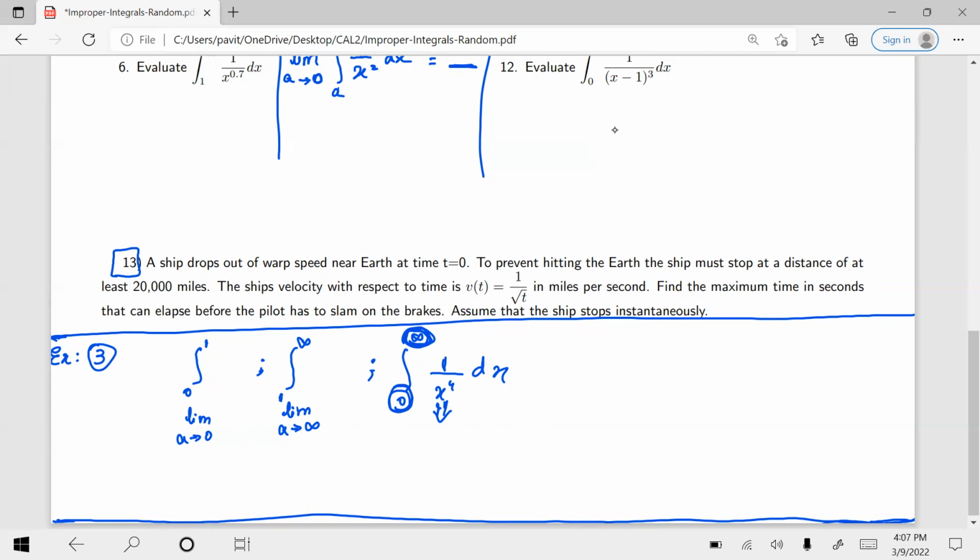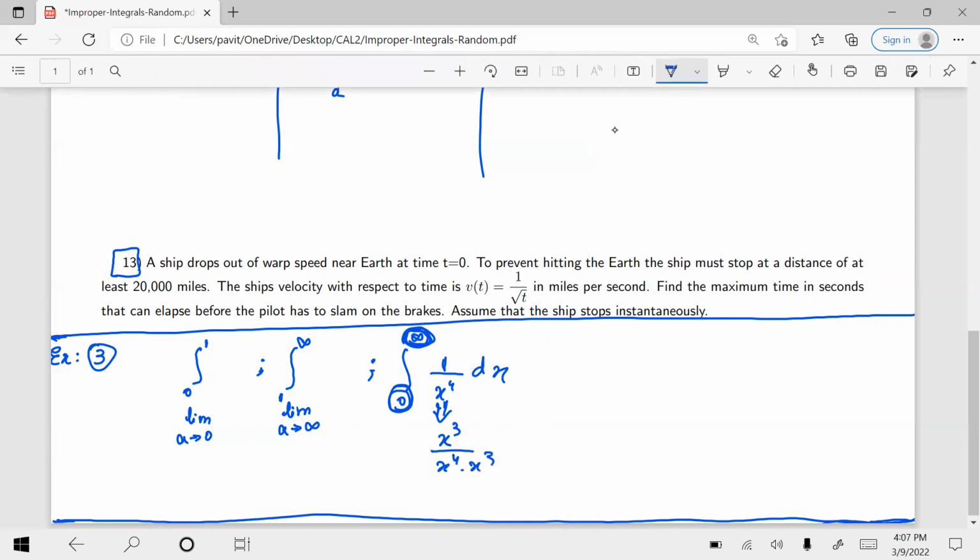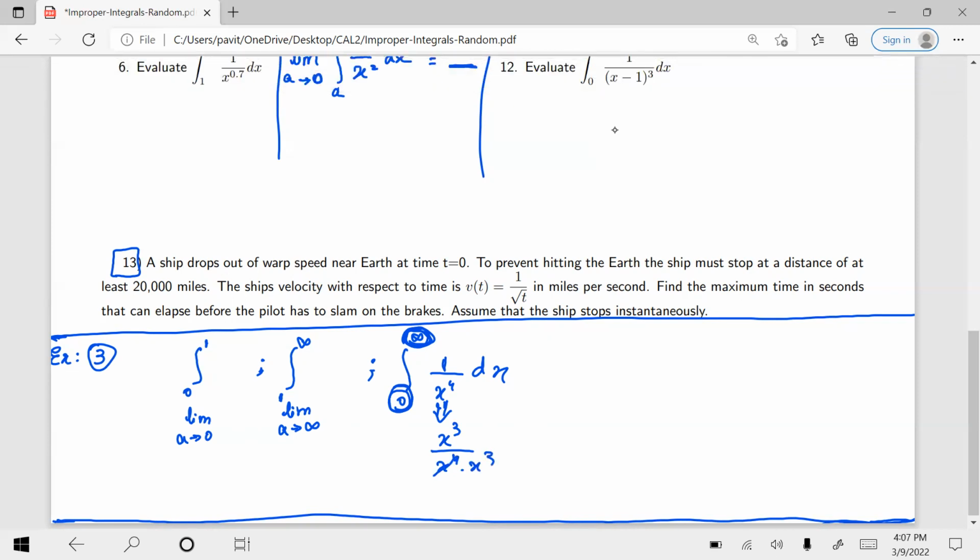For example, you can multiply and divide by x cube. Let's say I multiply by x cube here. Now you can divide this and keep it as x here, and then you can try to decompose the other function. So 1 over x will give me log of x, right? So when I'm plugging in log of 0, that gives me 1. So that is not a problem at all.